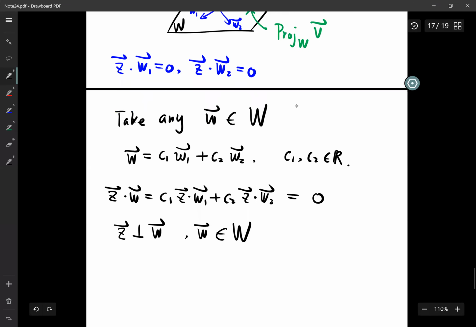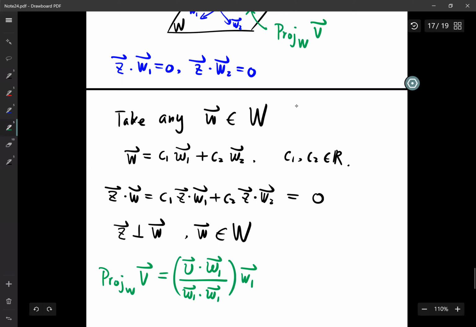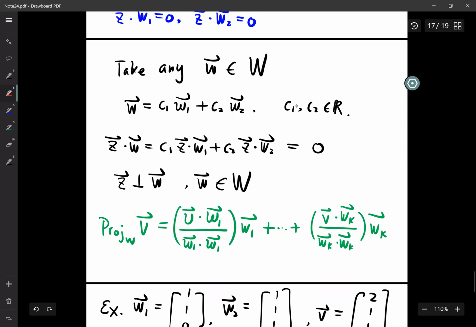This projection of V onto W is given by, completely analogous to before, V dot W1 over W1 dot W1 times W1, and so on up to V dot WK over WK dot WK times WK.